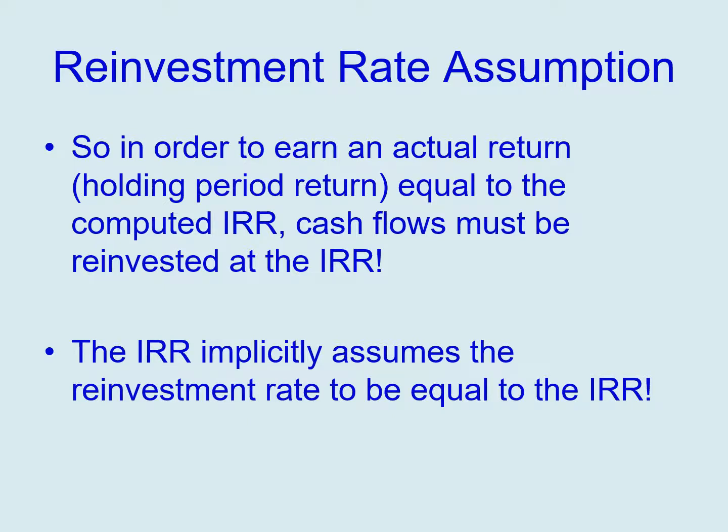Now, there's a number of problems with that. First of all, what that means is it subjects every single project to a different reinvestment rate assumption. So if you have project A that has a 10% internal rate of return, the reinvestment rate was assumed to be 10%. If you have project B that has a 25% rate of return, the reinvestment rate was assumed to be 25%.